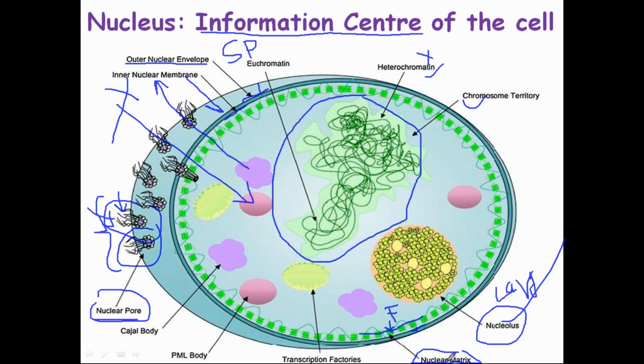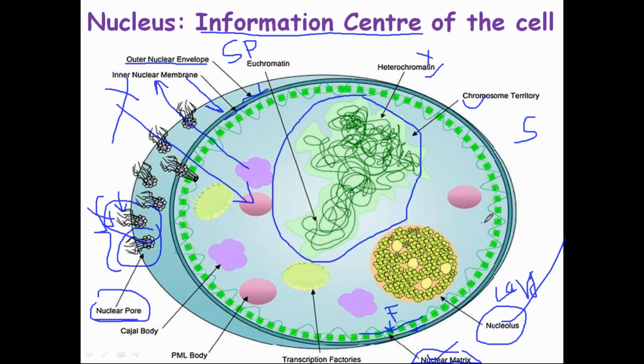Here, just remember this. These are the nuclear matrix which give structural support to the nucleus. The shape of the nucleus is like this because it has this nuclear matrix, which is joining the inner membrane with the chromosome, with the nucleolus, with other organelles present in this nucleus, so that the shape of your nucleus is intact.